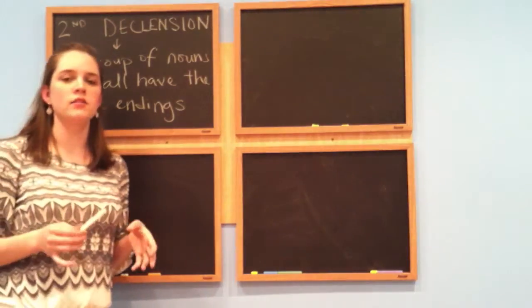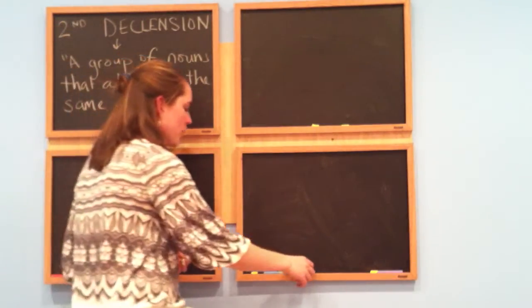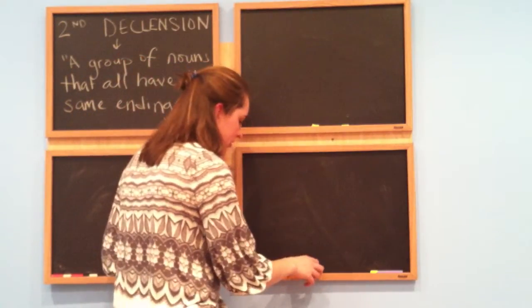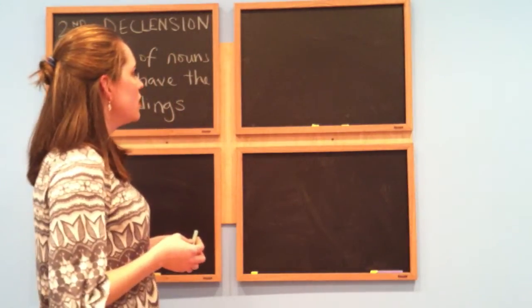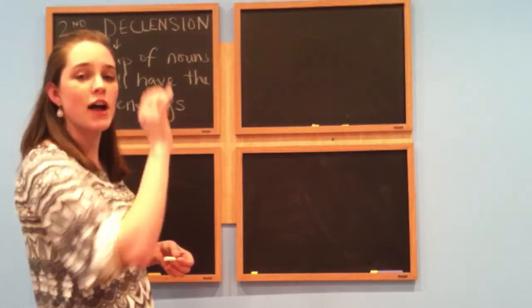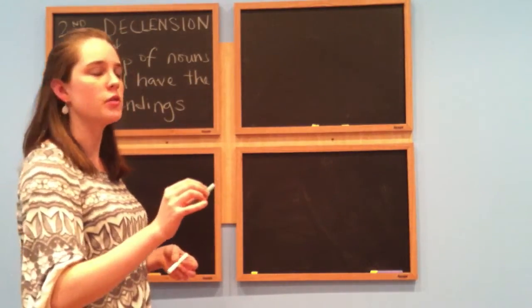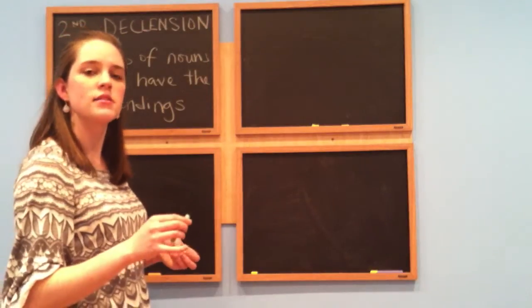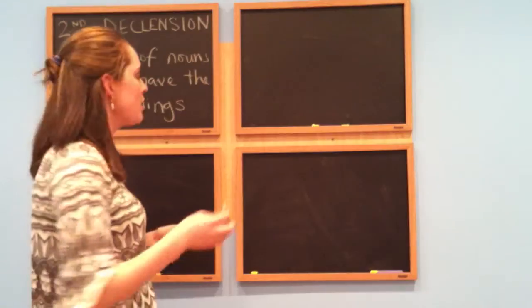Before we can put the endings on the board, we have to make our chart that we put the endings into. If you remember, there are singular and plural endings for Latin nouns, and there are also 5 cases that correspond to different endings in both the singular and the plural. So you're going to have 10 different endings for any given noun, although some of those endings might overlap.